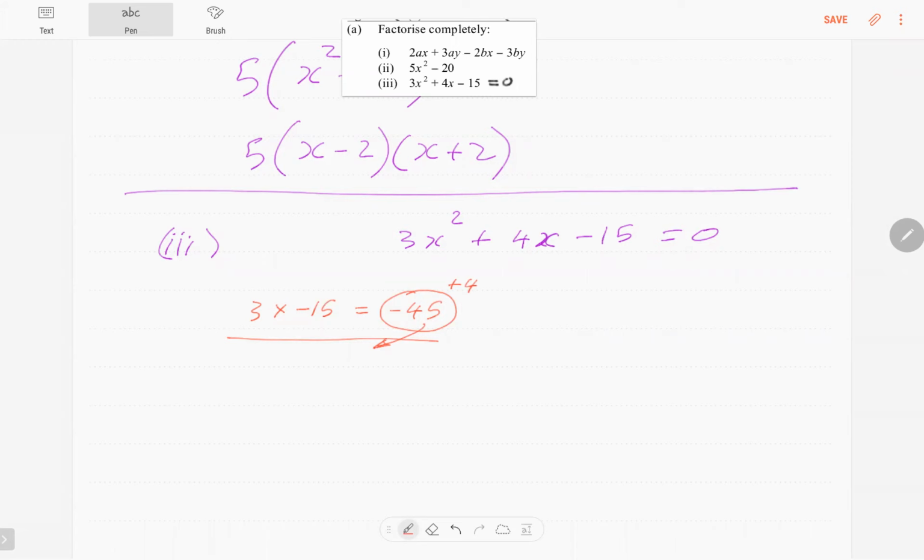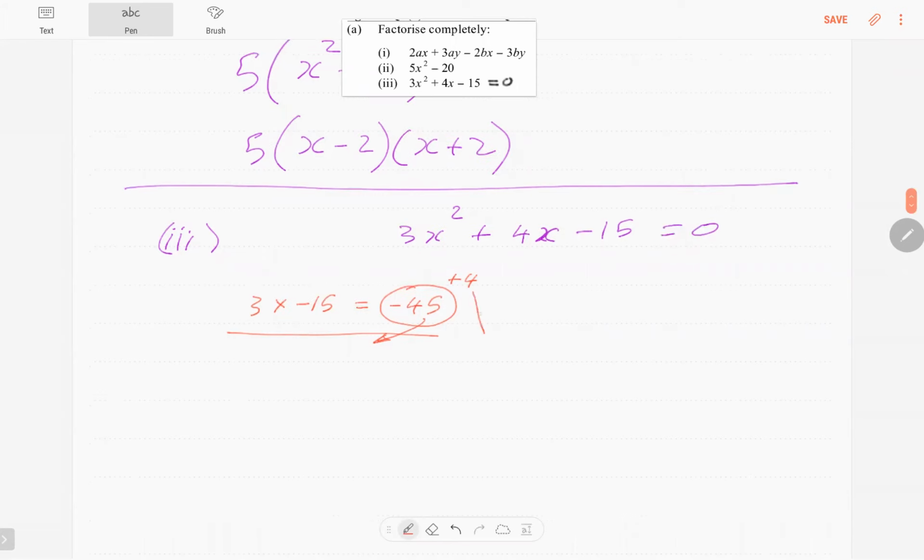All right, since I want factors of a negative number, one factor will be positive and one factor will be negative. Give the larger factor the sign of what this is, so the larger factor is going to be positive. The first two factors of 45 are 1 and 45. Give the large one the positive sign, the small one the negative sign.